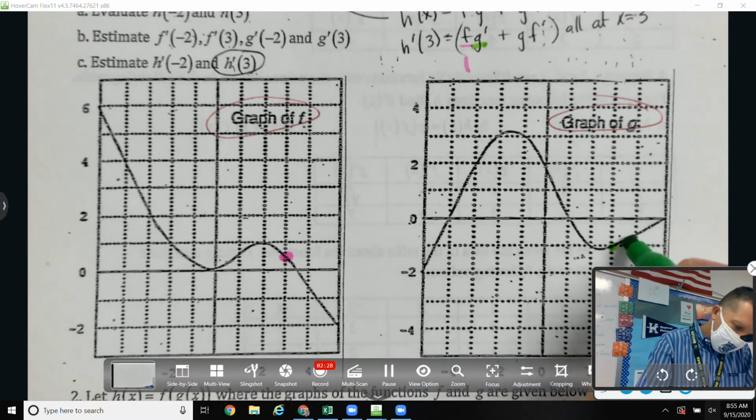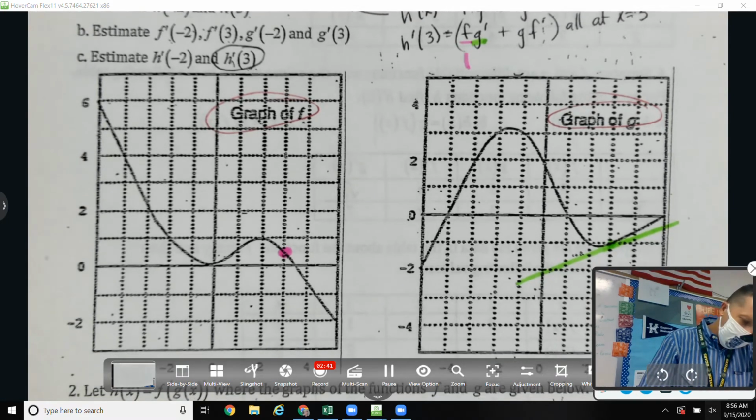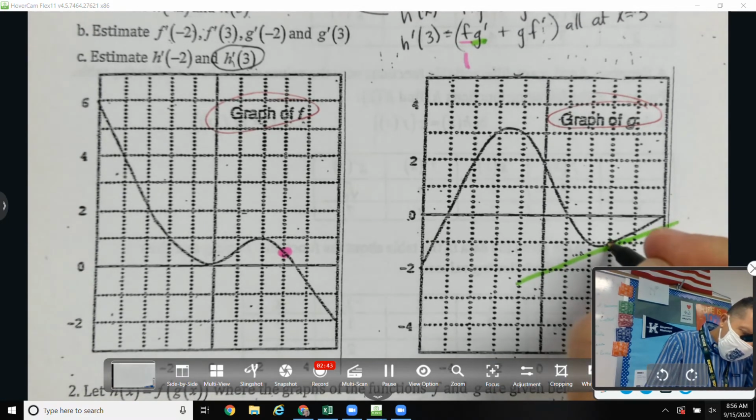And this is where the estimate part comes in. As best I can, I draw a tangent line there. And then as best I can, I figure out the slope of that thing. So how many up and over?